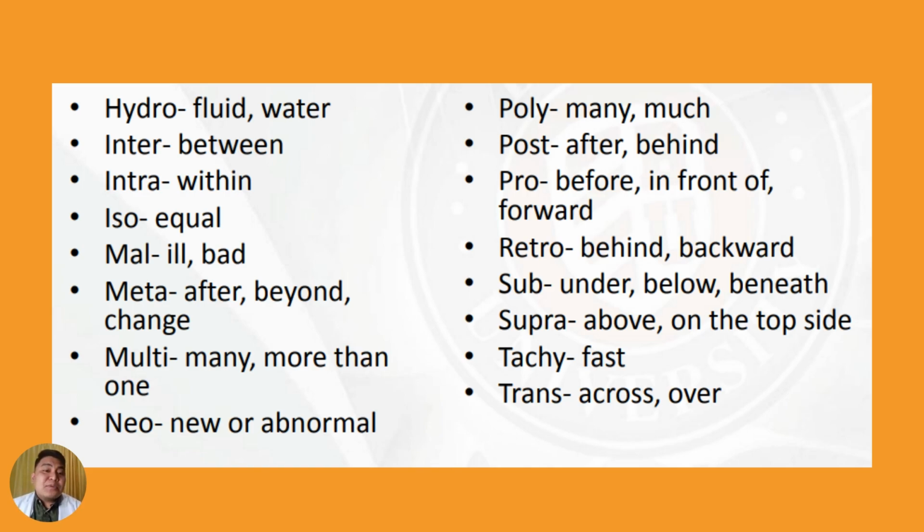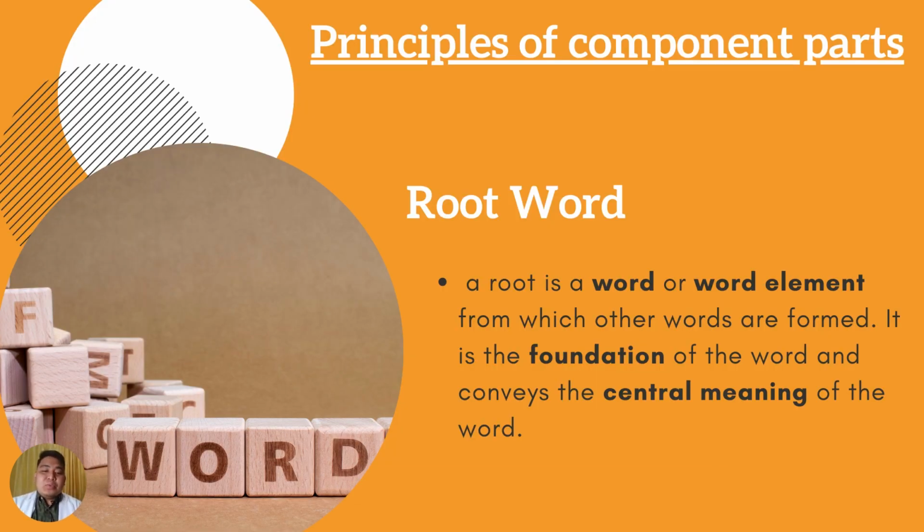Okay, now let's proceed with another fundamental part of a medical term: the principal root word. The principal root word, or a root, is a word or word element from which other words are formed. This serves as the foundation of the word and conveys the essential meaning of the word.